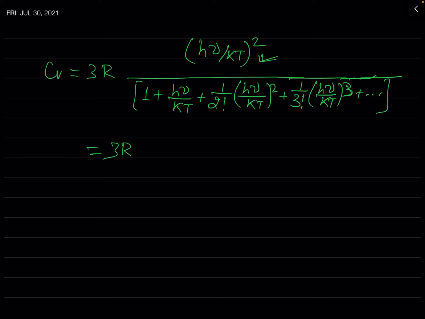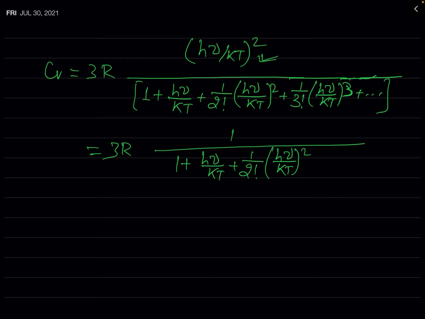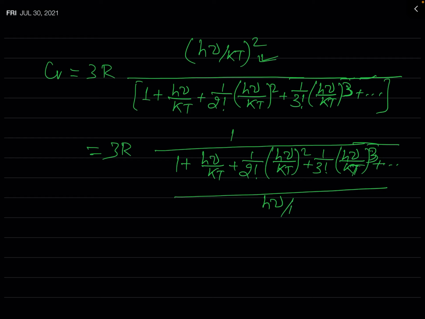You can easily see. It means we can write this expression as 1 over [1 plus hν/kT plus 1 over factorial 2 (hν/kT) whole square plus 1 over factorial 3 (hν/kT) whole cube and so on], whole divided by (hν/kT) whole square. You can write it.